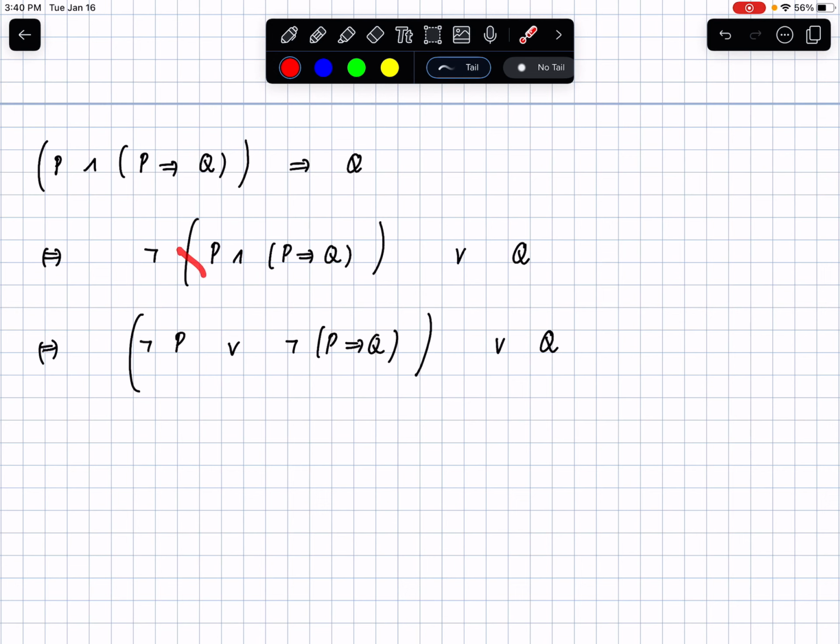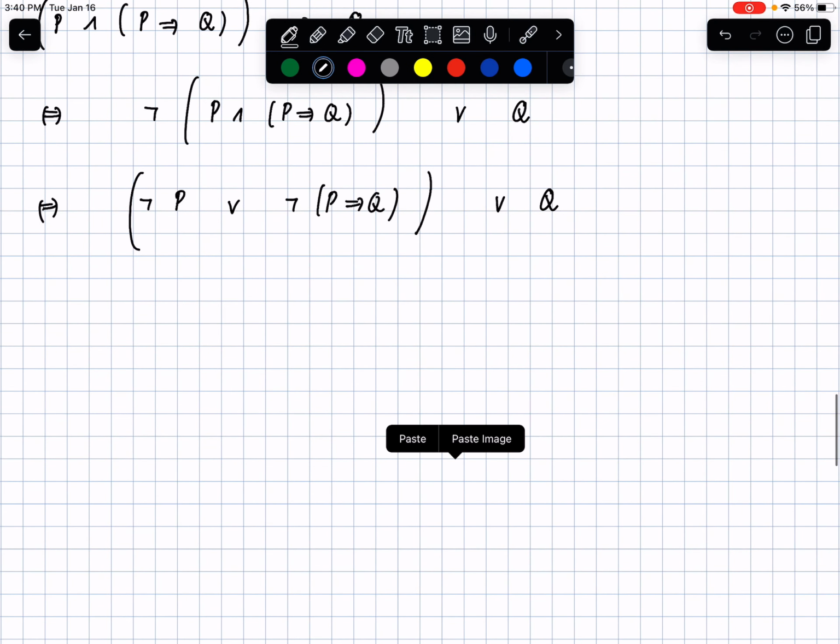So now I just delete this bracket, not P becomes OR, not P or not (P implies Q), and we didn't change anything here, or Q. Okay, what next?